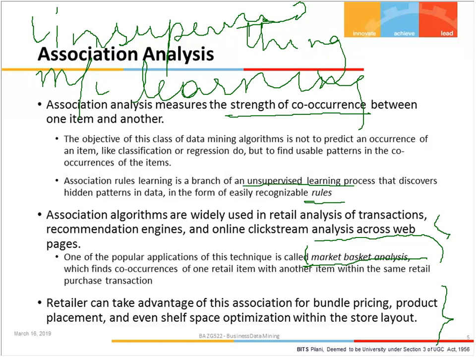Probably they can think in terms of a bundle price, saying that if you buy these two together, there is a discount. They may decide to keep those products together in the store, or they may try out several ideas once they recognize the strength of co-occurrence.